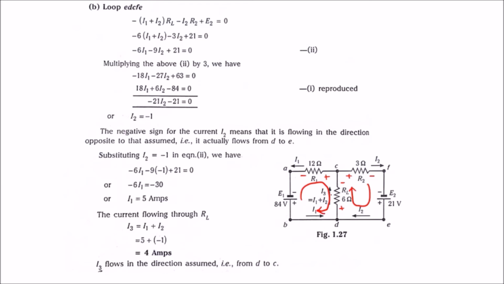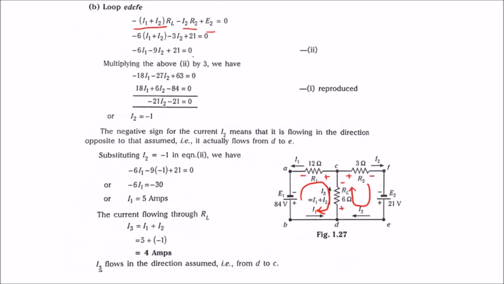As this resistance will have a minus sign at the end, it will be like minus (I1 plus I2) multiplied by RL minus I2 R2 and plus E2. So simplifying this, we will get equation number 2.